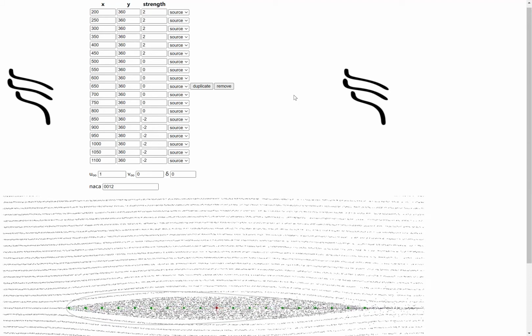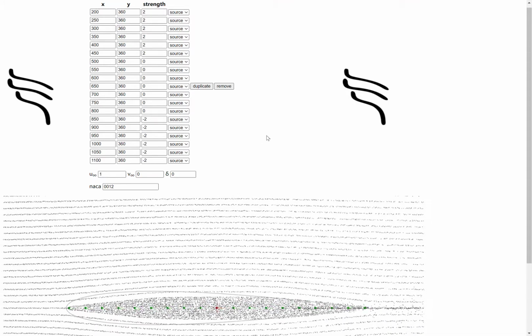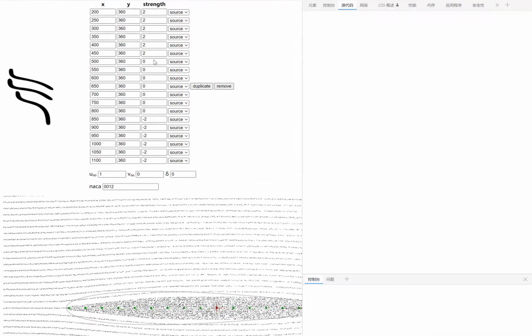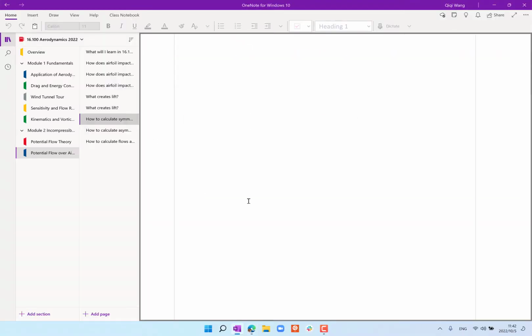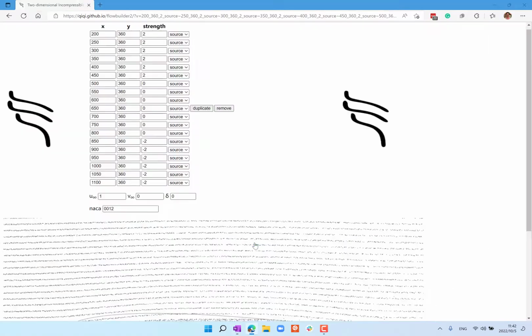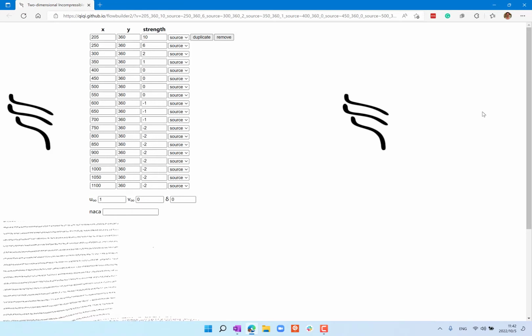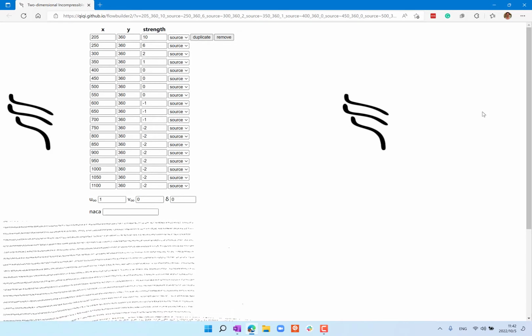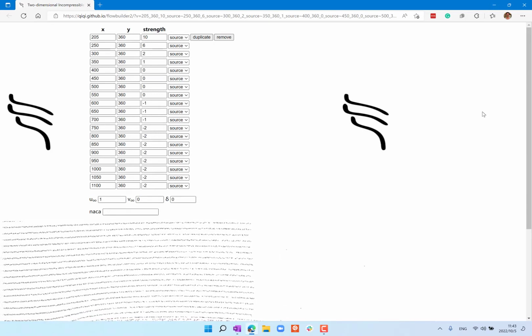How many people got it close enough? Oh wow, good. I hope you get something similar to what I got. What I got is the distribution starts from 10, and I moved it downstream a little bit, then goes 6, 2, 1, and a bunch of zeros, and then starts as -1, -2, and all the way to -2.